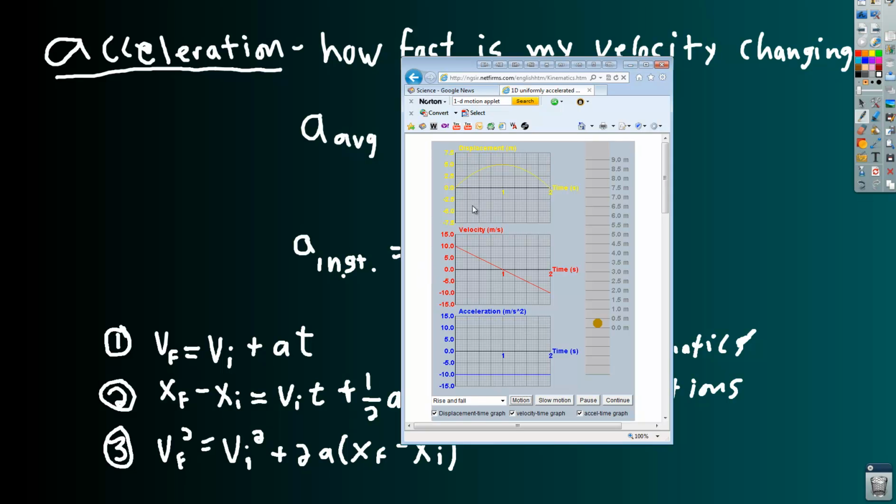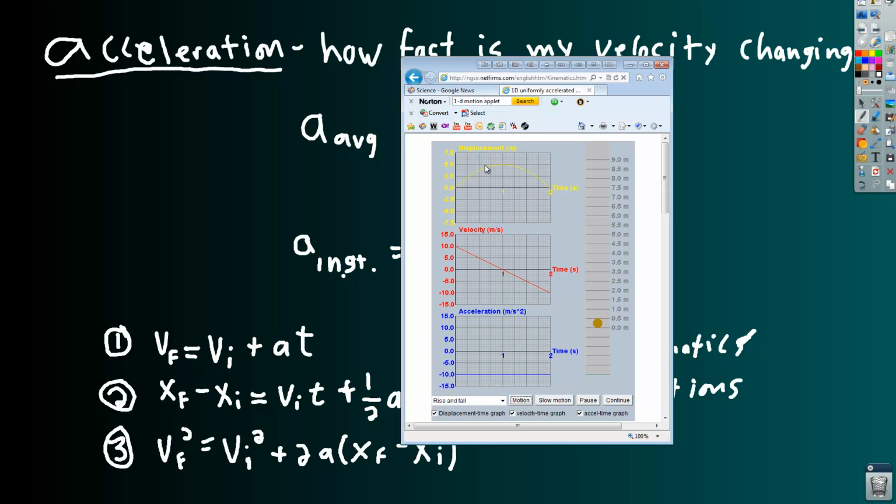I was saying that the slope of this graph is always described on the graph below it. Let me make that more clear. If you notice, this graph is moving in the positive direction, right? It's moving up. If you were to draw a tangent line, remember I discussed tangent lines earlier? If you were to draw a tangent line on this graph, let's say at this point here, the tangent line would look about like that.